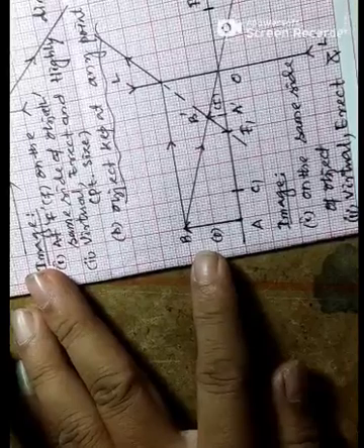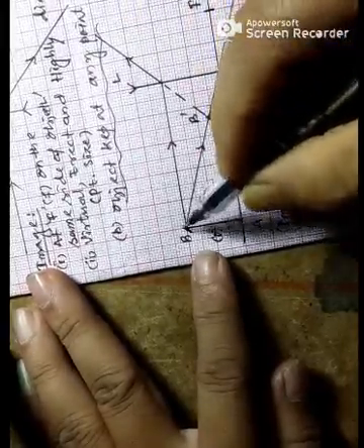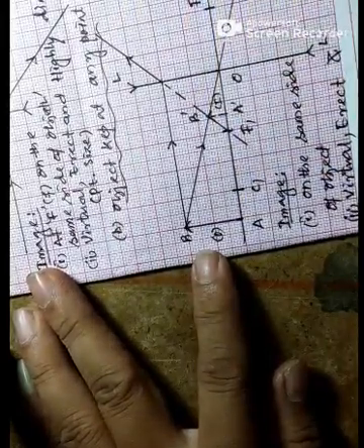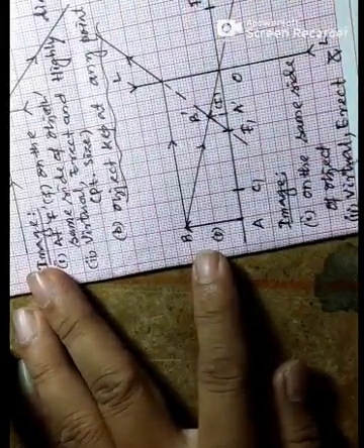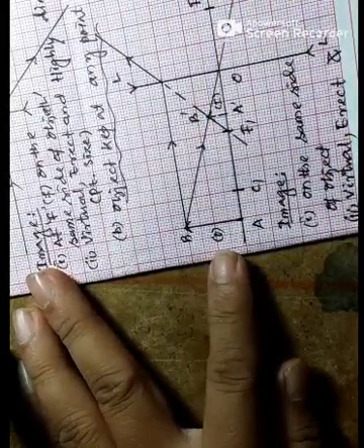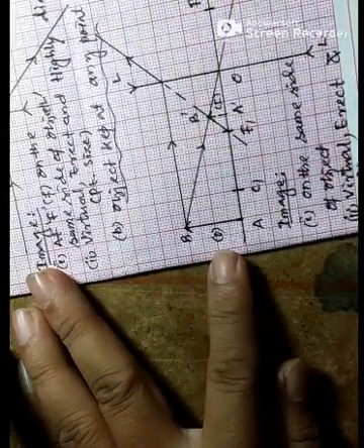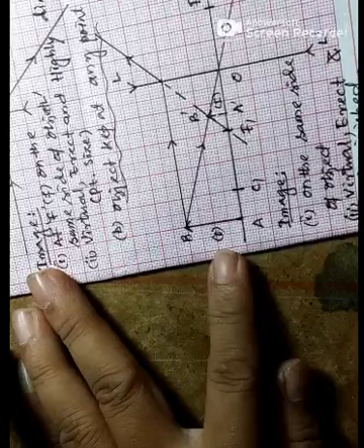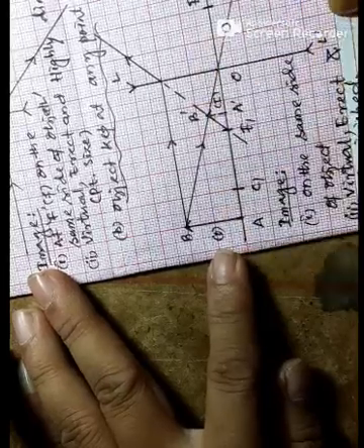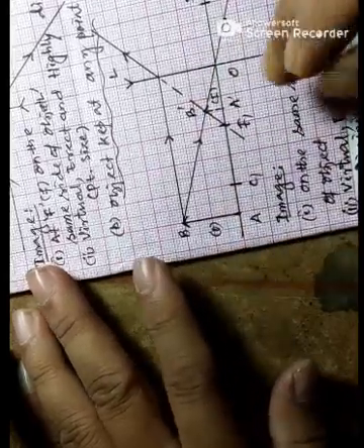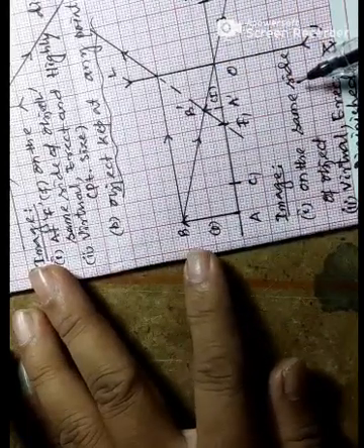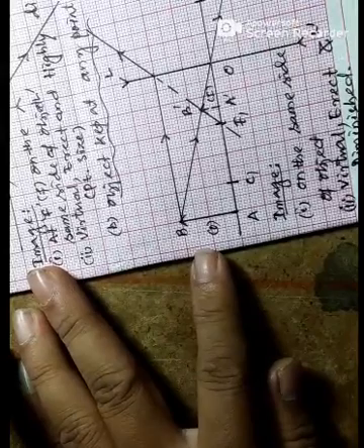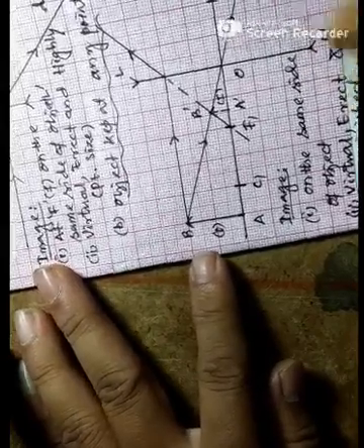And size you observe: here I have taken 2 centimeter, I am getting an image of just 0.6. That means it is diminished. So whatever the position may be, every time you will get the image on the same side of the object, and it is virtual, erect and diminished. So this is the second condition.